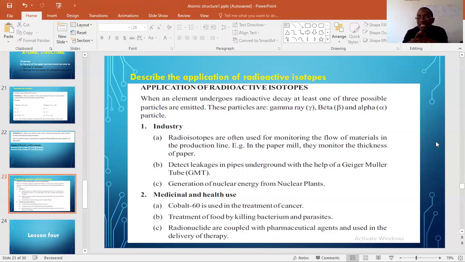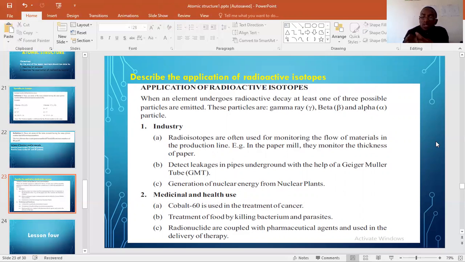When these unstable elements undergo radioactive decay, they emit or liberate three possible particles. And these particles are the gamma particles, the beta particles, and the alpha particles.